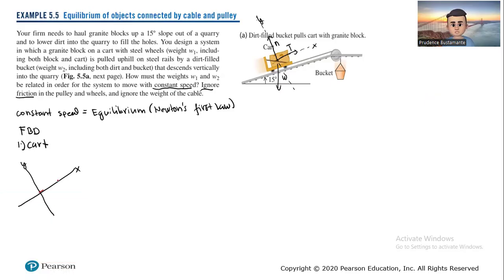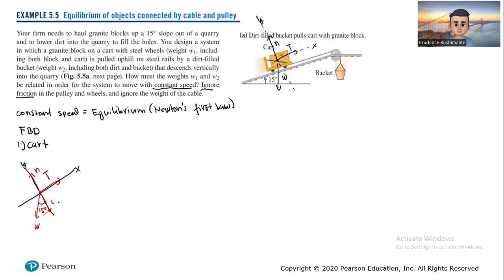So this is our tension T. Now we have our normal, and we have our weight here. Since it is inclined, we have here an angle of 15 degrees. So here we have the component along y.